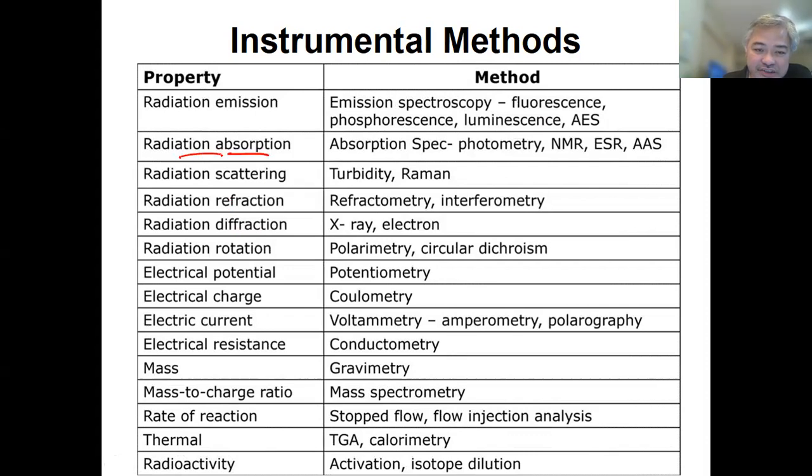This is radiation absorption. So you have here absorption spectrophotometry, like absorbance, NMR, electron spin resonance, and AAS, atomic absorption spectroscopy. You can have scattering that include Raman spectroscopy and turbidity, refraction, which is refractometry and interferometry, diffraction, which is X-ray and electron spectroscopy.